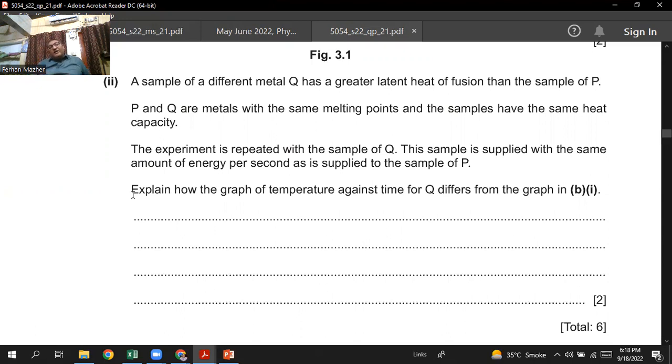Because the metal Q has a larger latent heat, it will require more energy to convert from solid to liquid at its melting point.